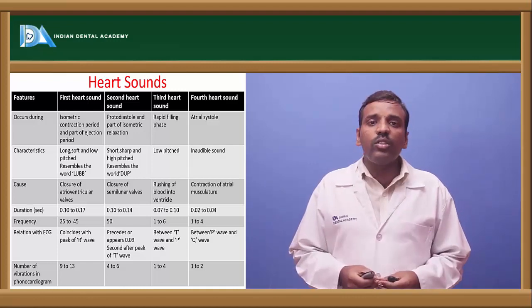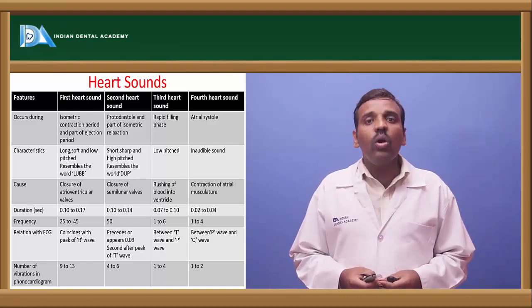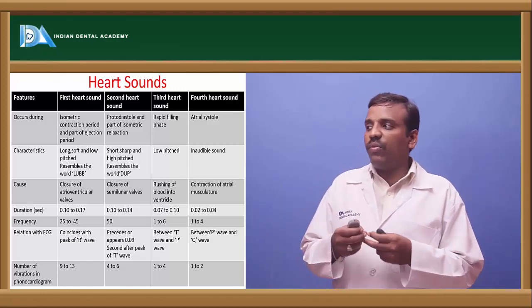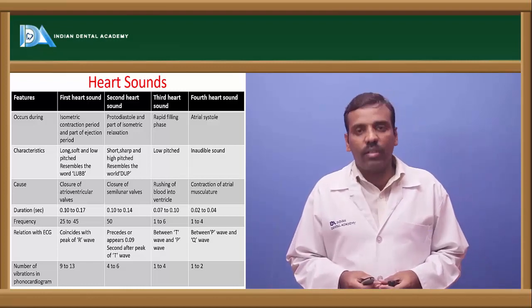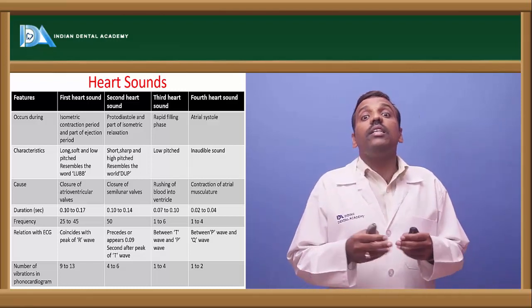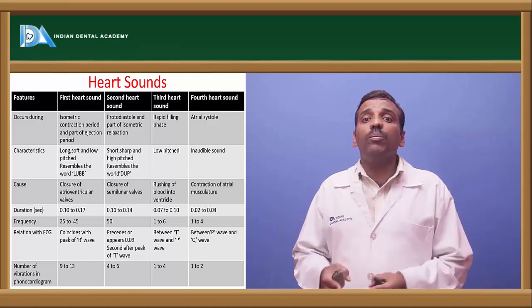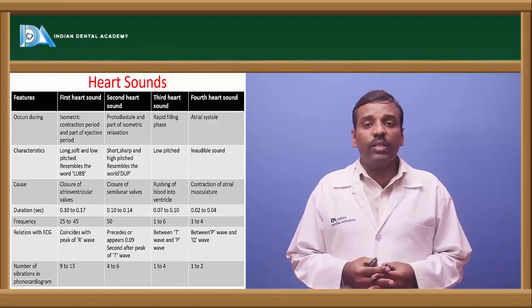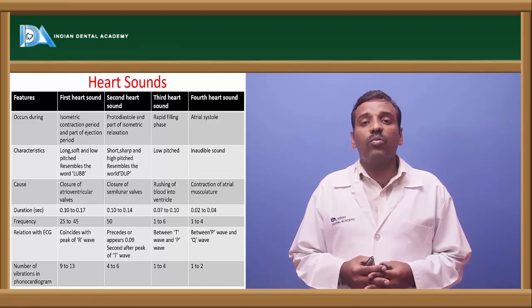The duration is about 0.07 to 0.10 seconds, and the frequency is about 1 to 6. The relation with the ECG is that it is in between the T wave and the P wave, and the number of vibrations in the phonogram is about 1 to 4.